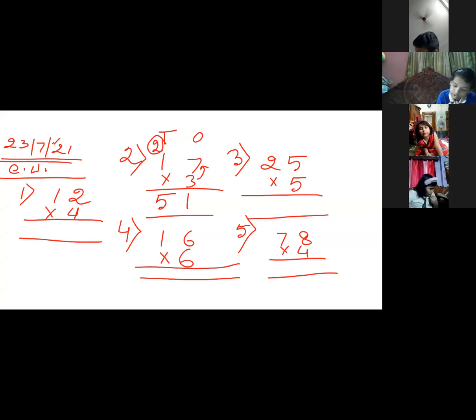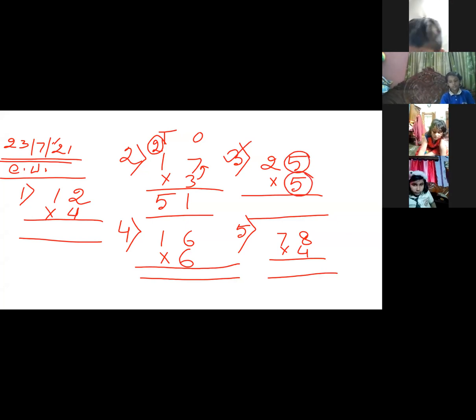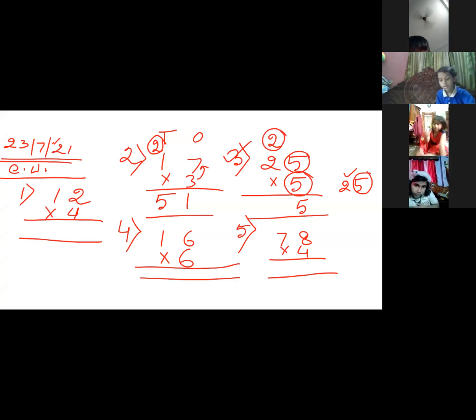Now the next one, number 3. Look, it is 5. It is also 5. 5 5s are what? 25, na? We have to put this 5 here and this 2 will be carry forwarded. Now 5 2s are 10 plus this 2.